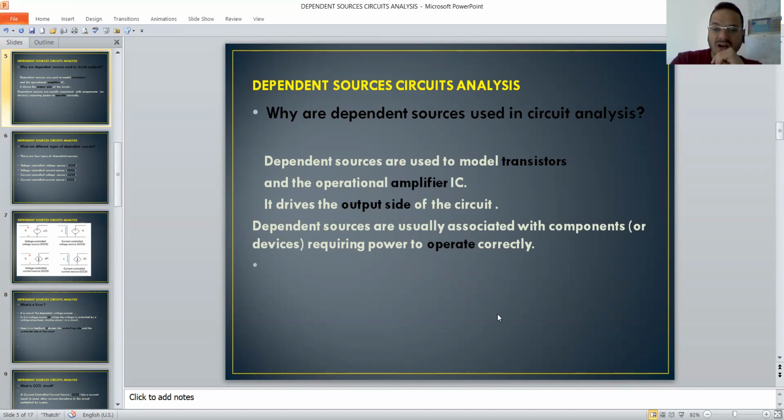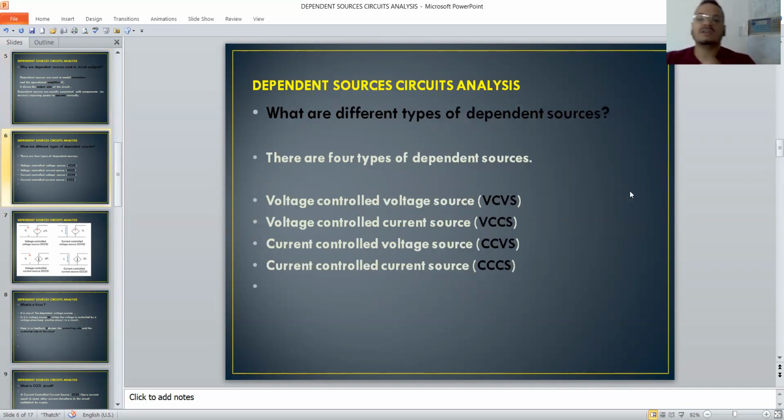Dependent sources are usually associated with components or devices requiring power to operate correctly. This is important. What are the different types of dependent sources? Actually, we have 4 types, or we can say 2 types, and every one of them has 2 other kinds.